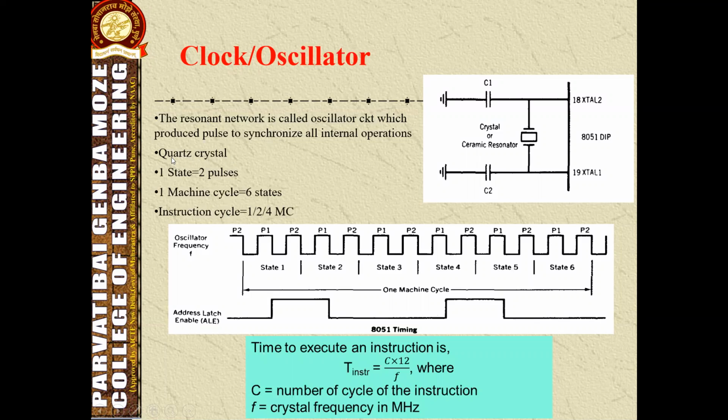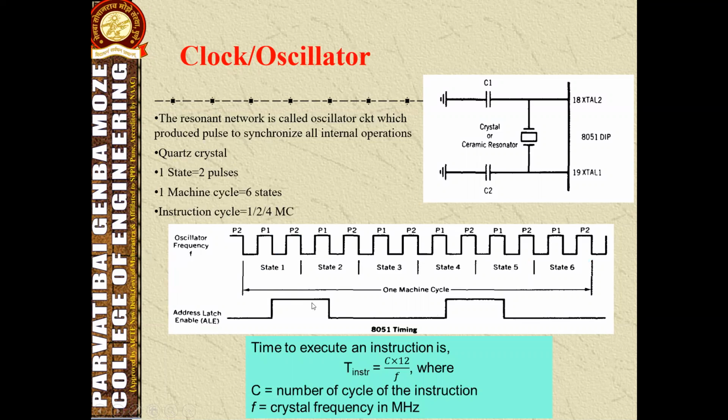The resonant network, also called the oscillator circuit, produces pulses to synchronize the internal operations. Here quartz crystals are used, and the oscillator produces these kinds of frequency pulses.